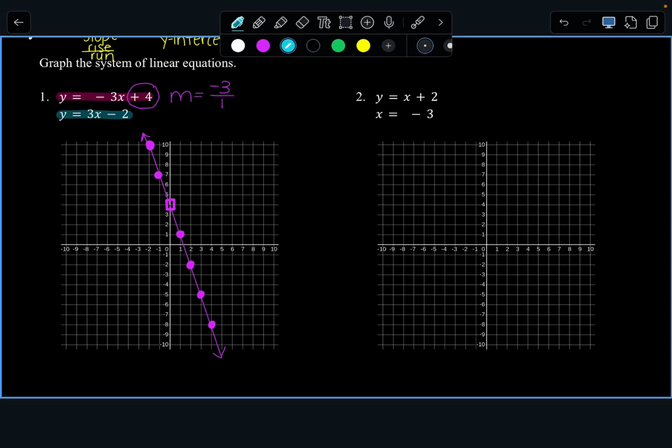Our second line, our y-intercept is minus 2, so we're going to start down 2. Our slope is 3, so we're going to put that over 1, so that means up 3, right 1 from that starting point.